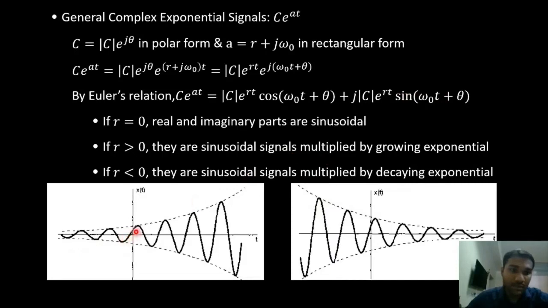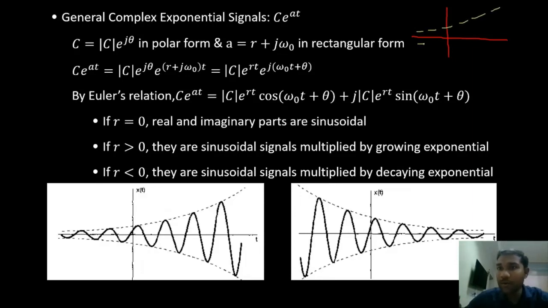So let me draw the cos and sine signals for a growing exponential. It will be something like this.